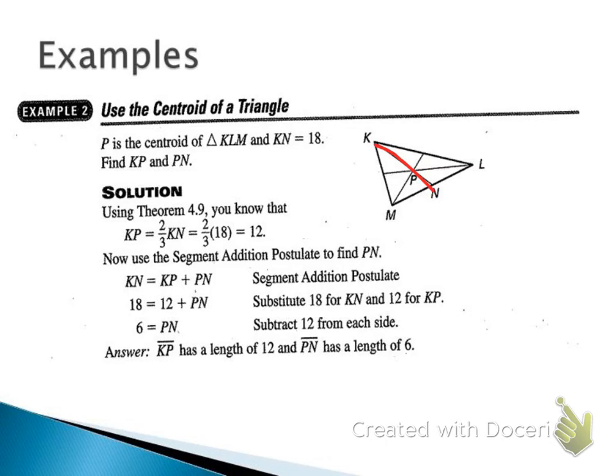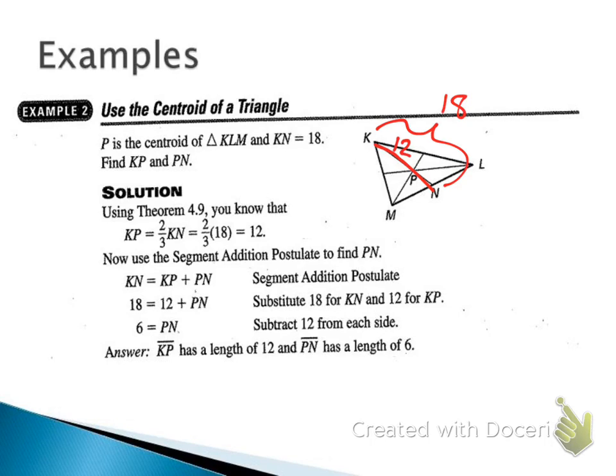From that theorem we just talked about, we know that KP, from the vertex to the centroid, is 2/3 the length of the whole median, KN. So we plug in 18 for KN. 2/3 of 18 is 12. The whole thing from K to N was 18, and this piece of it is 12.